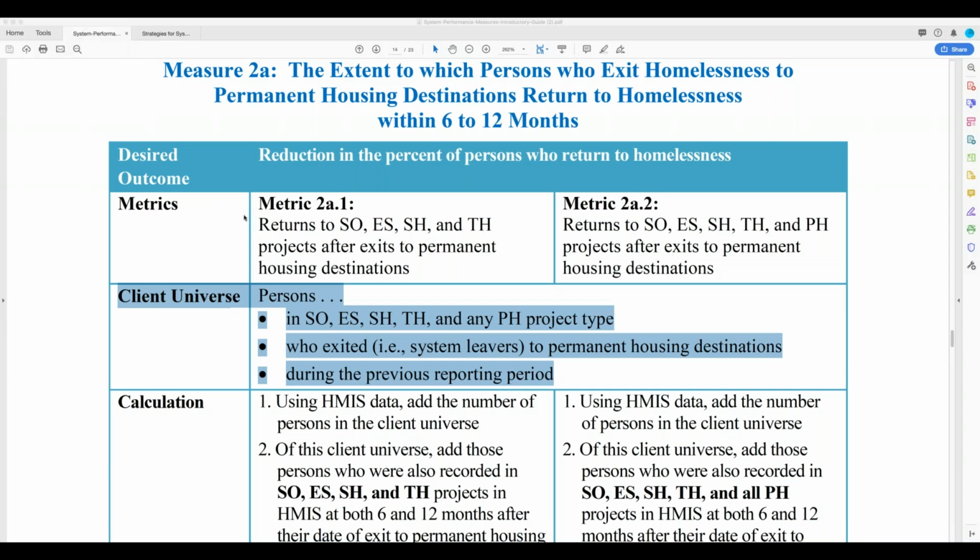And the bigger piece, aside from agency incentives, the biggest incentive to having your data included in HMIS, if you're not an HMIS required agency because you may not have CoC funding, is that if you are not participating in the HMIS, we don't have accurate information on the interplay between who's participating in your program and the other programs within the CoC.